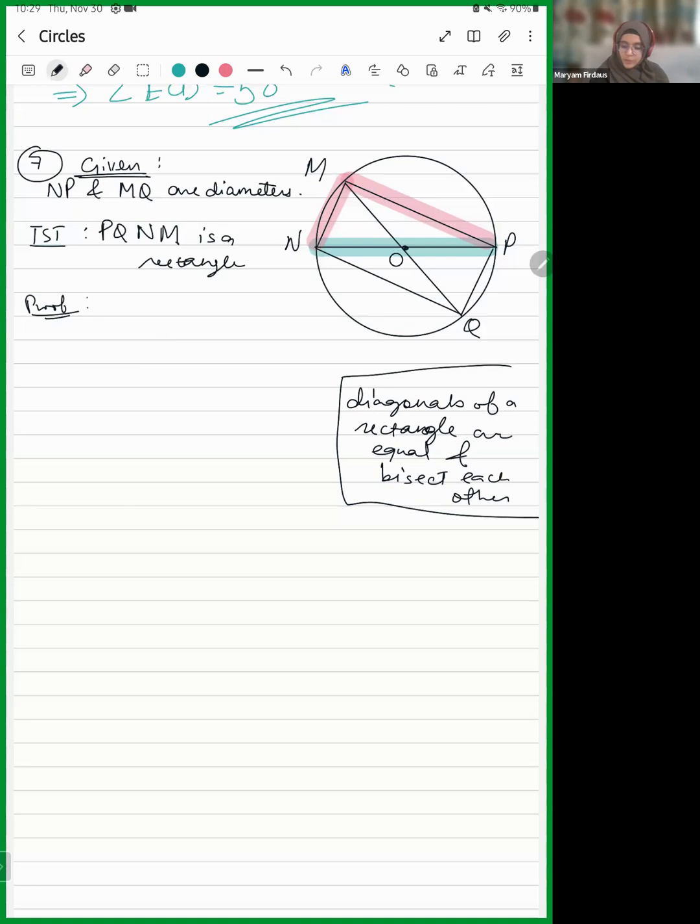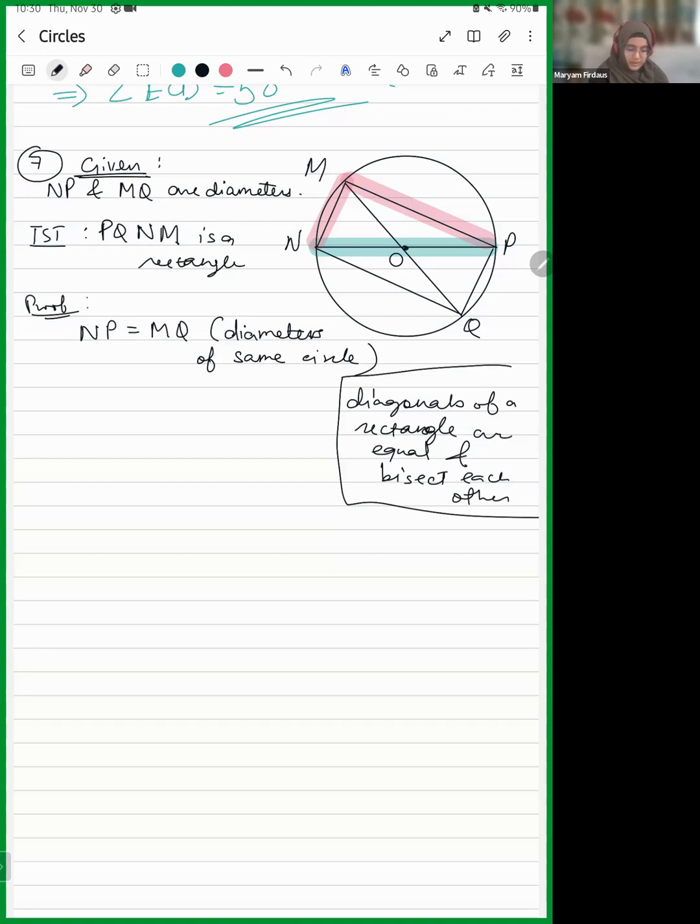Well, obviously NP is equal to MQ, right? Because they are diameters and diameters are equal. Just like radii of the same circle are equal, similarly diameters of the same circle are equal because each is twice the same radius.